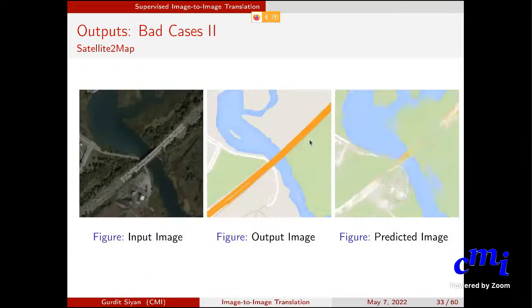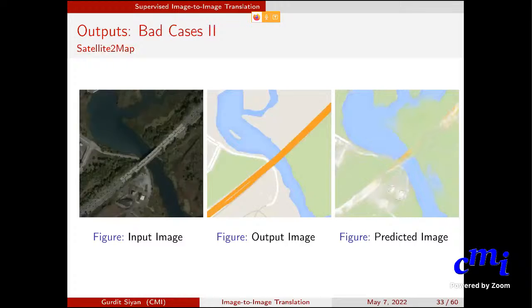Another bad case: it should have generated a highway here. It didn't. Highways are not that frequent in the dataset. We would expect something like grass green to be here, but in the labeled image there is not. So that's why it fails.